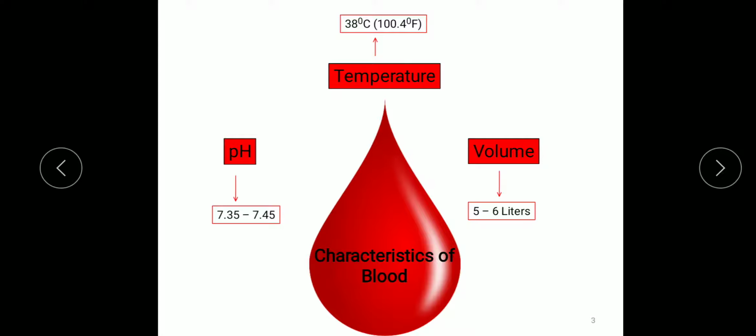The blood volume is around 5 to 6 liters in an average sized adult male and 4 to 5 liters in an average sized female.